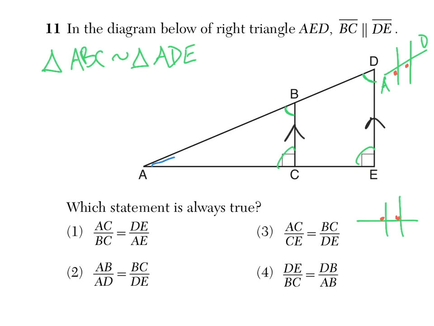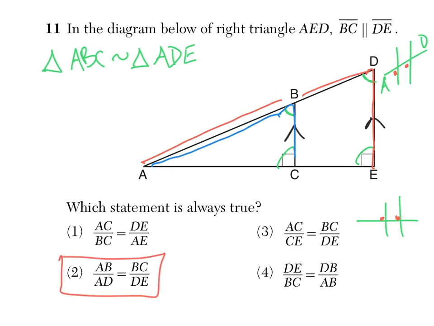Sometimes what I like to do is simply just highlight the small triangle and its relationship to the big triangle. And I know that when I look at these four proportions, option number 2 is the correct answer, and let's think about why.